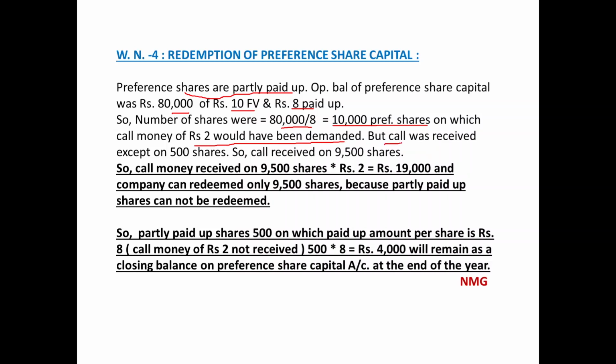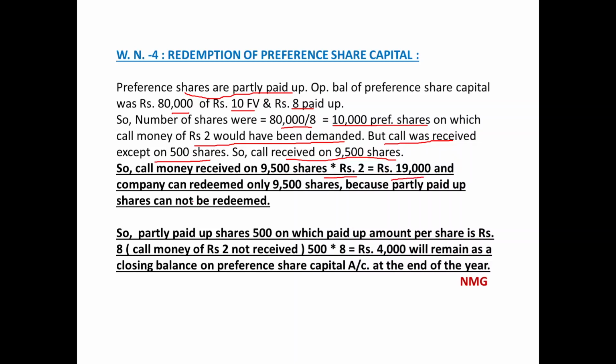As per instruction, call was received except on 500 shares. It means call money received on 9,500 shares only, not on the 10,000 shares. So how much call money would have been received by the company? Call money received on 9,500 shares into 2, 19,000.